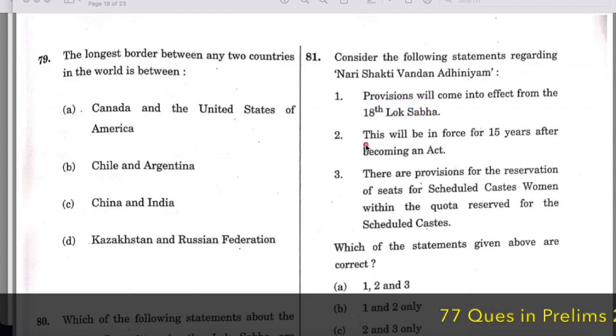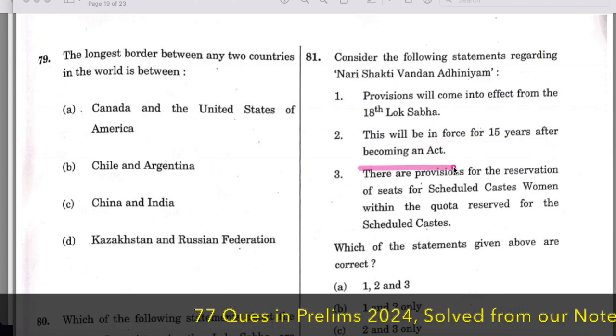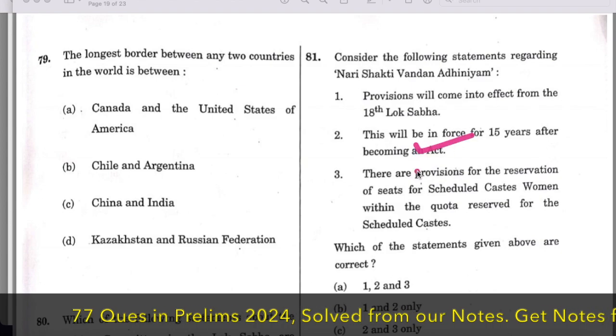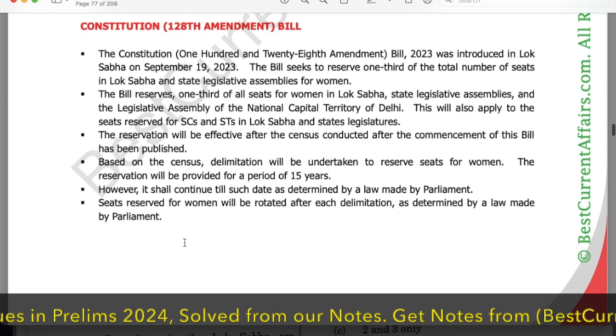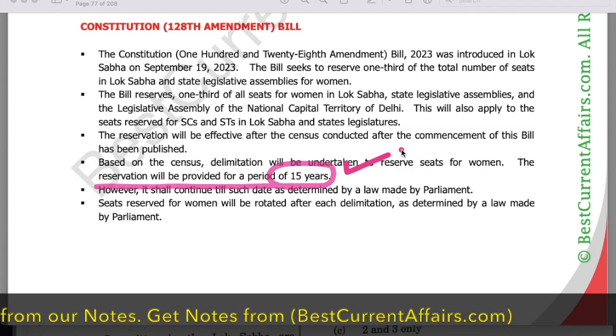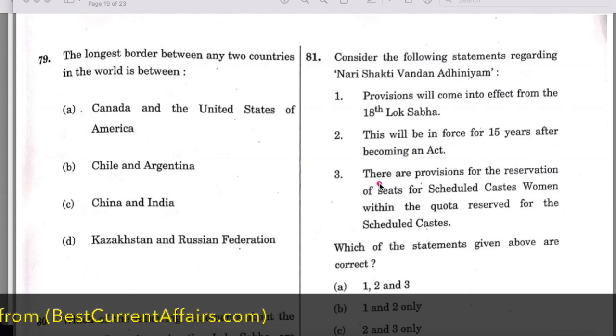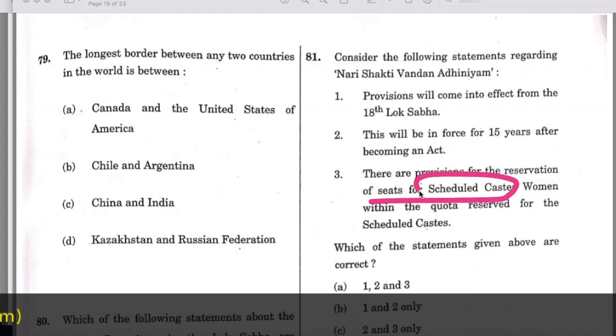Now take the second statement, that this will be in force for 15 years after becoming an act. This statement is correct. In the same news it is mentioned that the reservation will be provided for a period of 15 years. Now check the third statement, that there are provisions for reservation of seats for scheduled caste women within the quota reserved for scheduled castes.